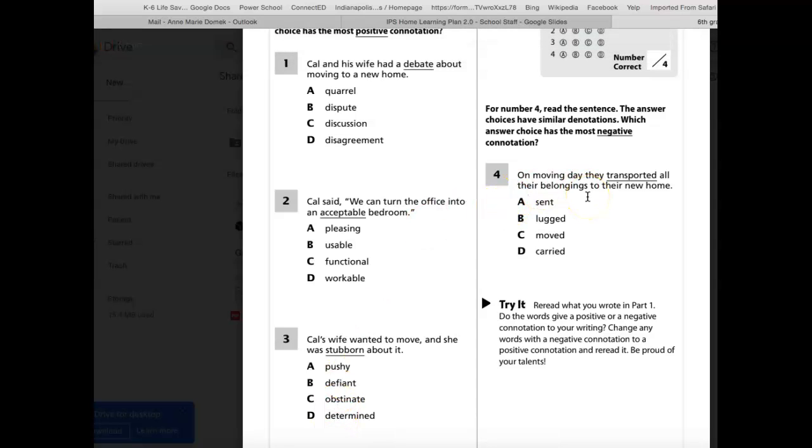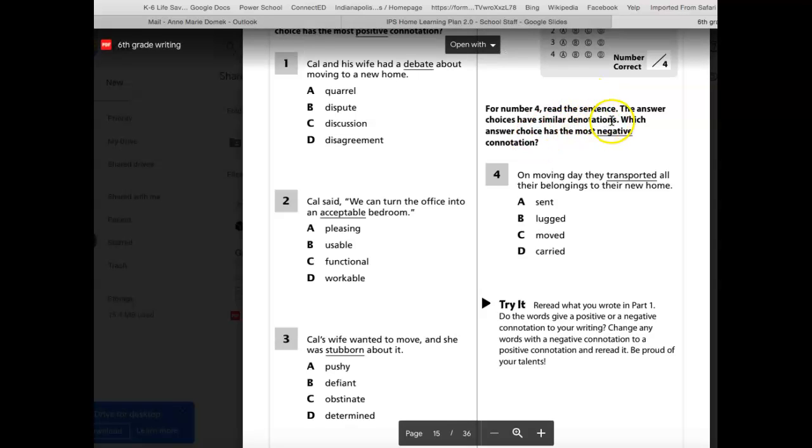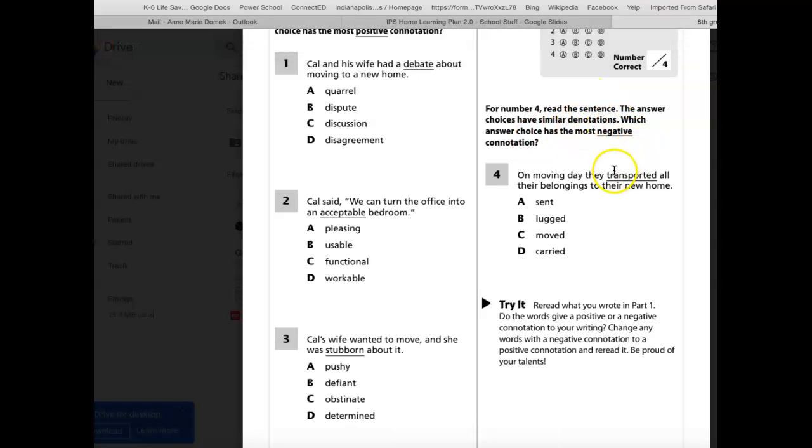All right, for number 4, read this sentence and answer choices. The answer choices have similar denotations or definitions. Which answer choice has the most negative connotation? So now we're looking for negative. On moving day, they transported all their belongings to their new home. A, sent, B, lugged, C, moved, D, carried.